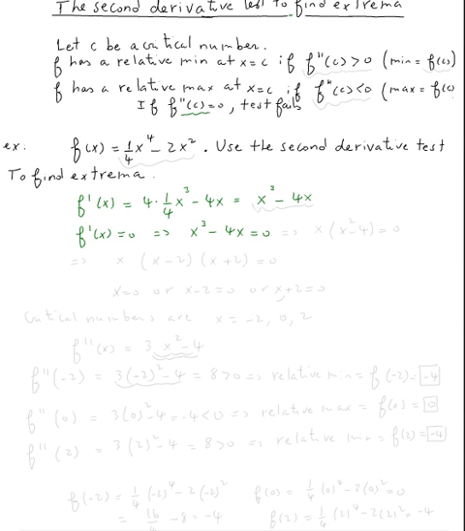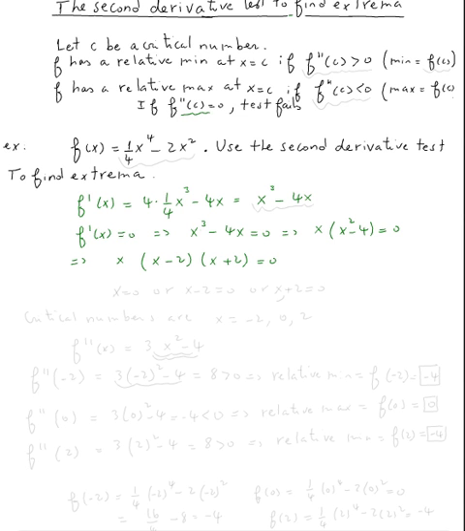To solve this, we need to factor out the x. So x times x squared minus 4 is 0, which means x times x minus 2 times x plus 2 is equal to 0.